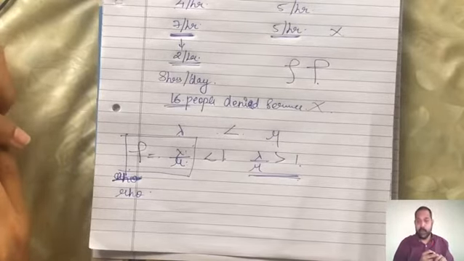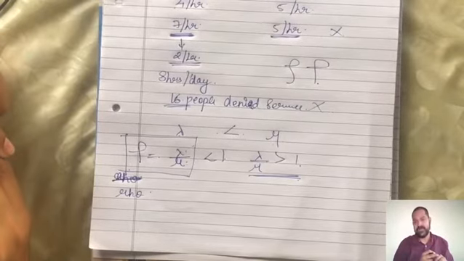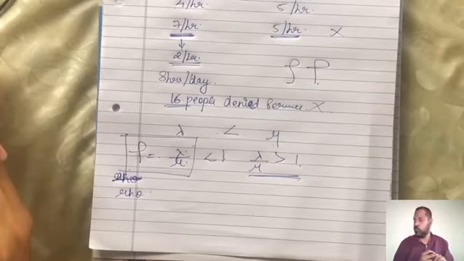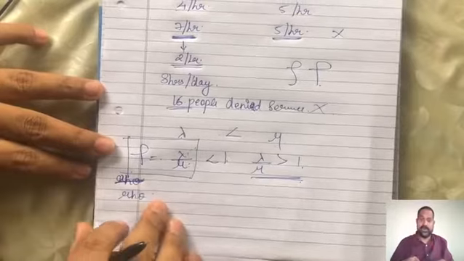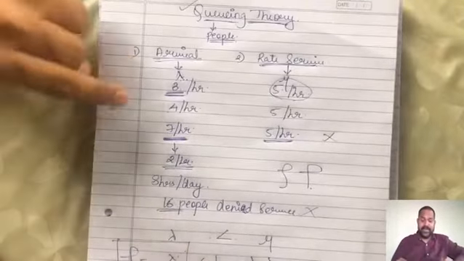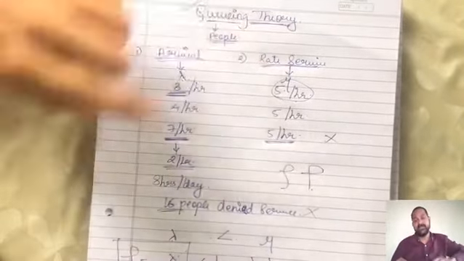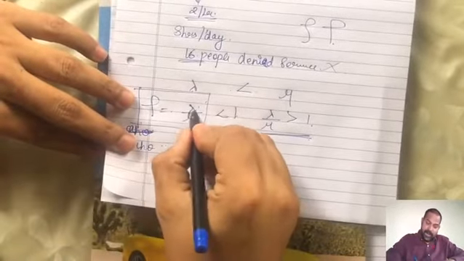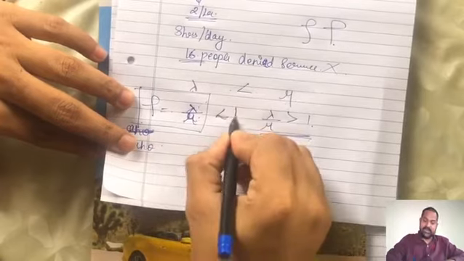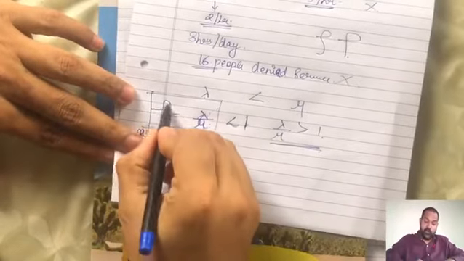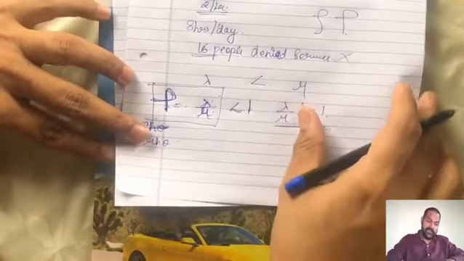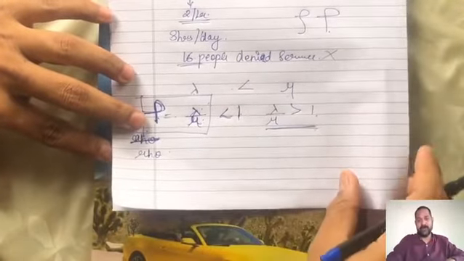If customers have to come and leave without getting served, I'm sorry, but your service system is not a good service system. So you will always make sure that the arrival is always lesser than the service rate. And if that happens, then lambda upon mu is less than 1, which means the value of rho is always and always less than 1.